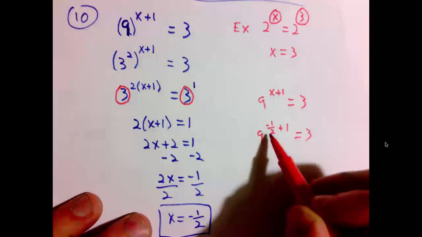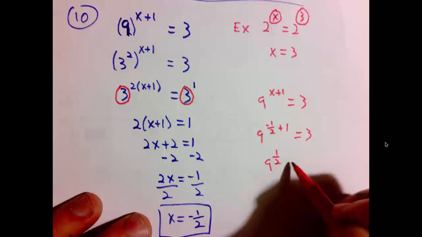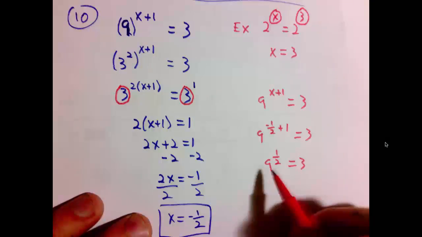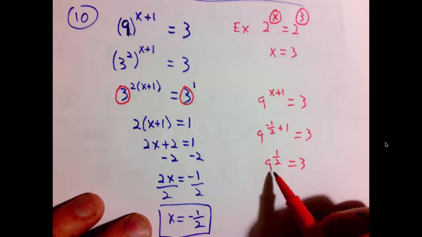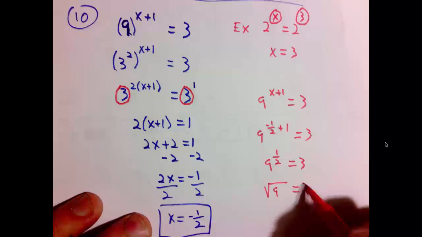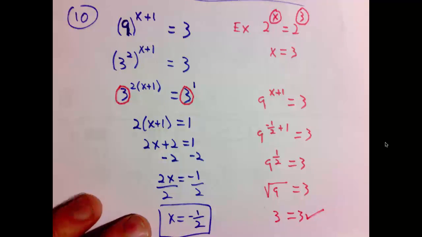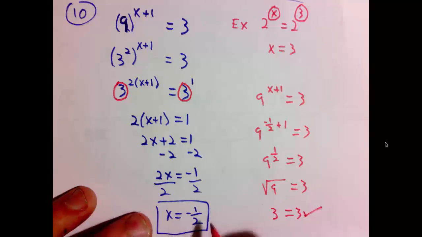Well, negative 1/2 plus 1 is 1/2. 9 to the 1/2 is equal to 3. And that is indeed correct. Hopefully you remember that to say 9 to the 1/2 is the same as saying the square root of 9. And indeed, the square root of 9 is 3. Okay. This is true. This is a value that makes the statement true. We just have demonstrated that this is a solution.